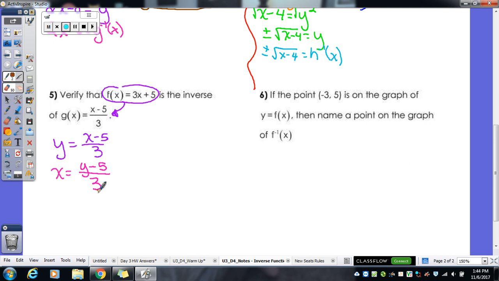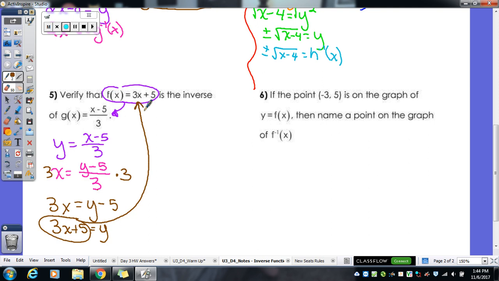What do I multiply both sides times to get rid of the 3? Times 3. So I get 3x equals my y minus 5. And then what do we do with our 5? Add it. Does it match? It sure does. So those are inverses.